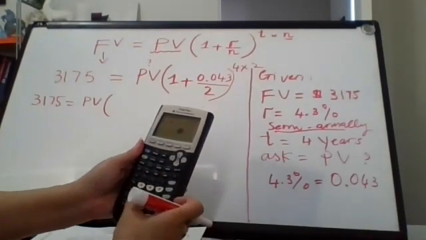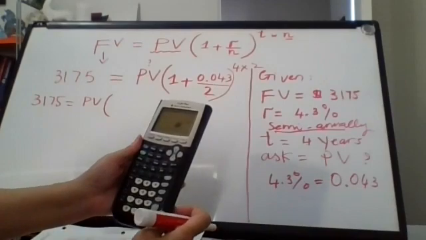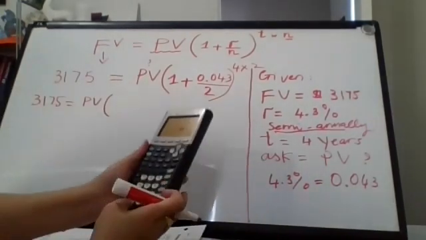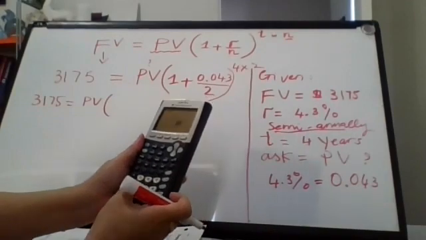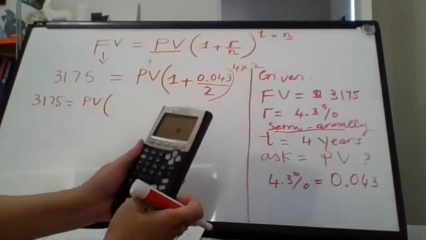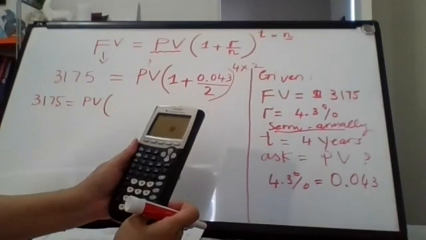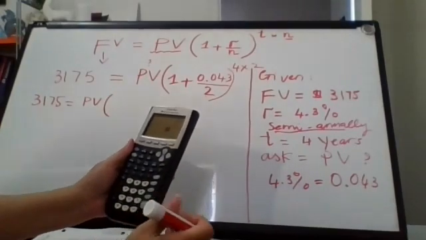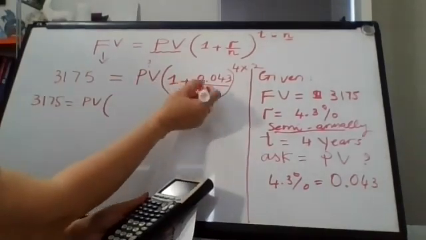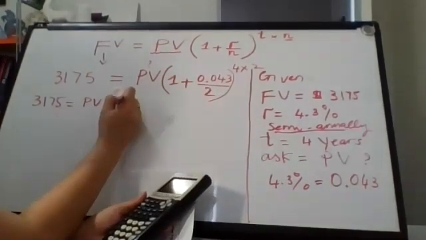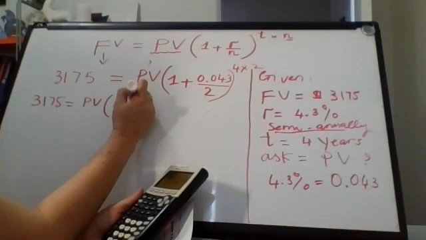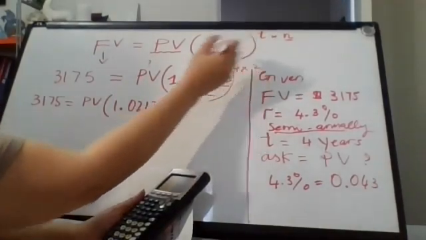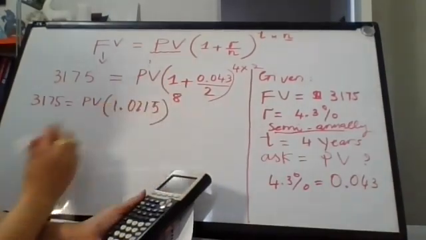Now you add 1. Actually, I'm sorry, let's do it again. 0.043 divided by 2. That's right. Adding 1. So this whole thing, after you simplify, gives you 1.0215. And 4 times 2 is 8 on the top, power 8.